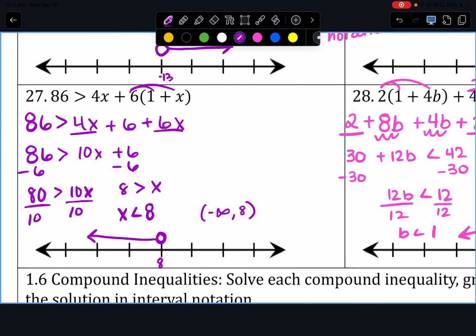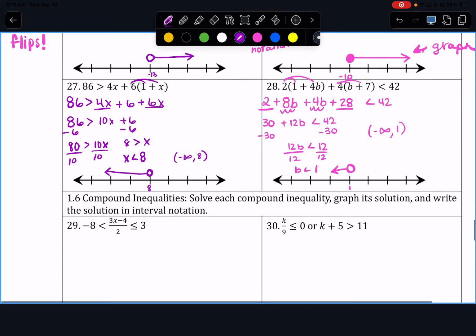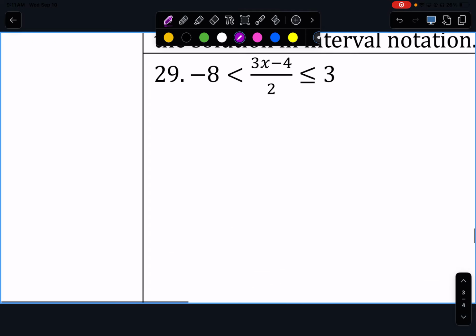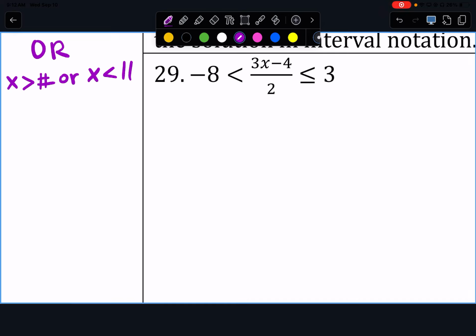Now, 1.6, these are compound inequalities. So before we do these, I want to, at the side here, just make sure we remember something. If we have an or inequality, that means we're going to have x is greater than a number or x is less than a number.